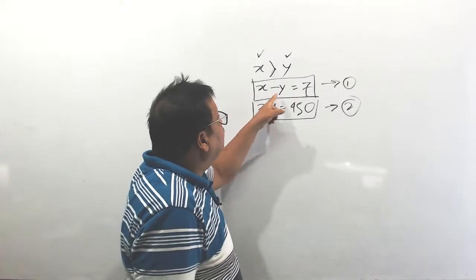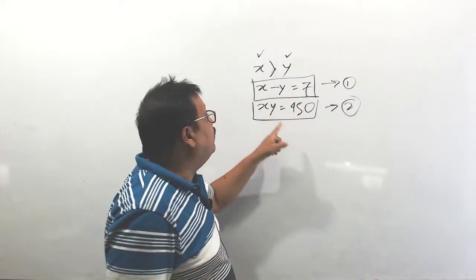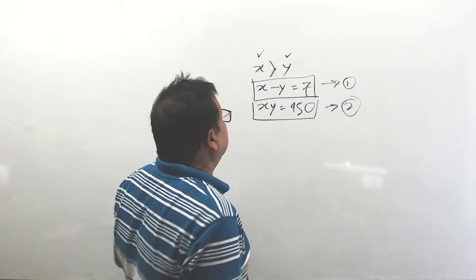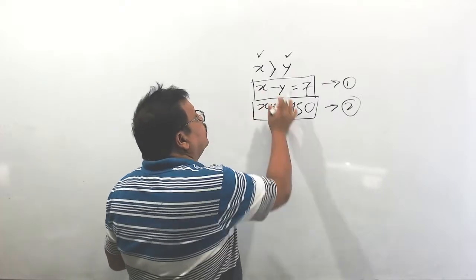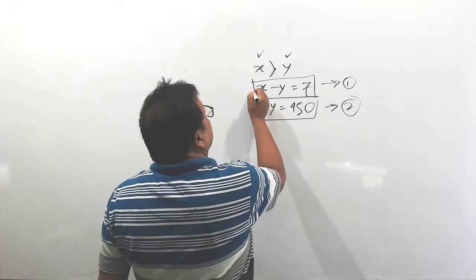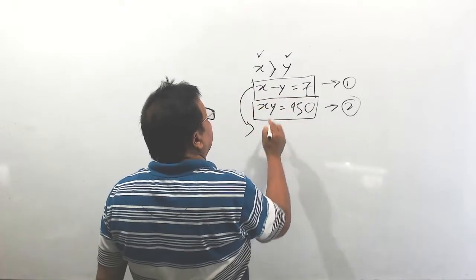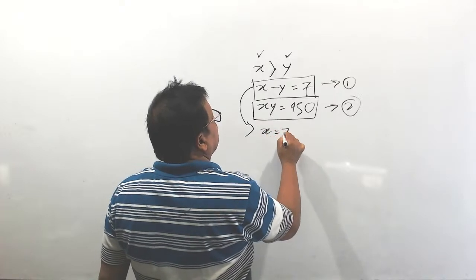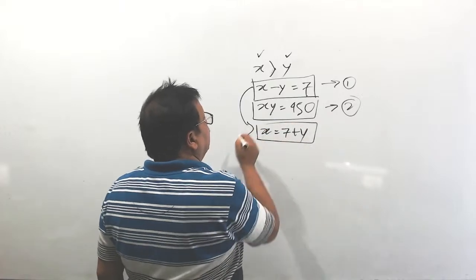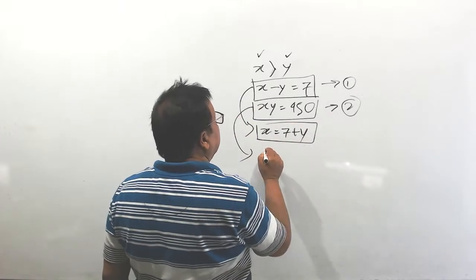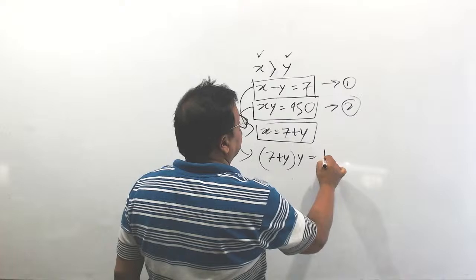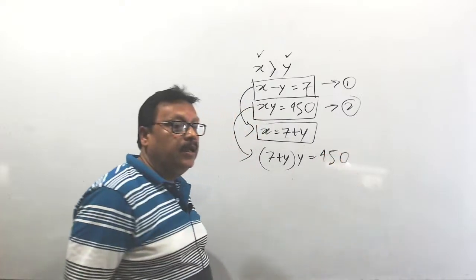But these are showing linear form, is not it? Linear form, but the highest power is 2, x and y. Now we have to convert by combining these two equations into a quadratic equation. How will you convert? See here, from 1, x is equal to what? x is equal to 7 plus y. Now from 2, what are you getting? (7 plus y) into y is equal to 450.